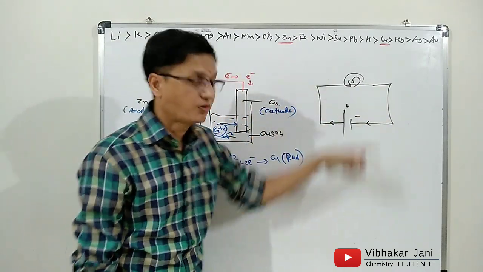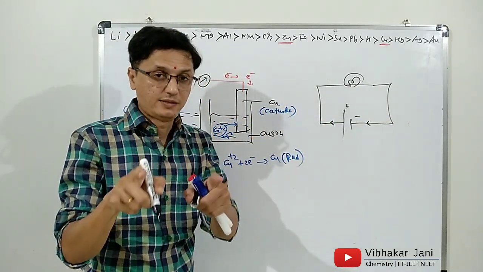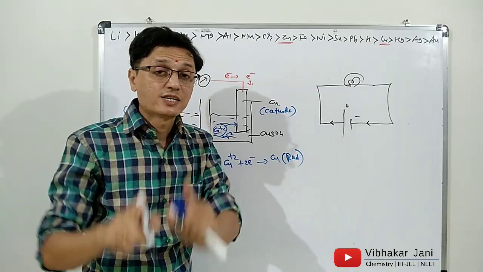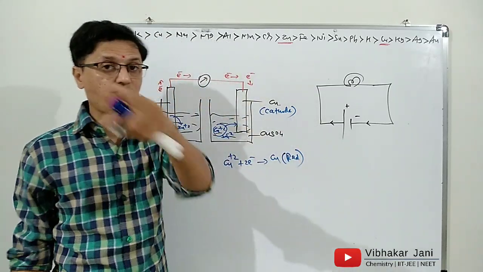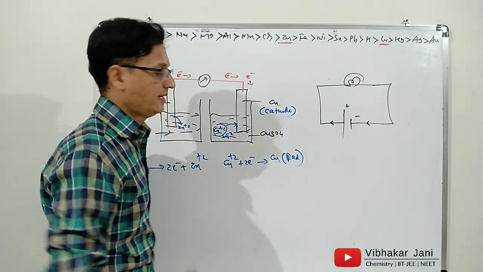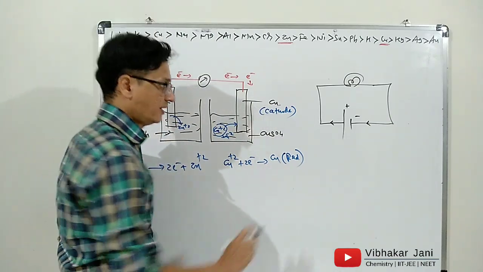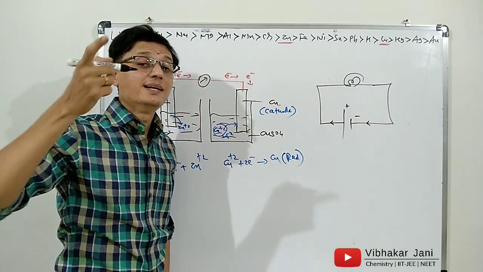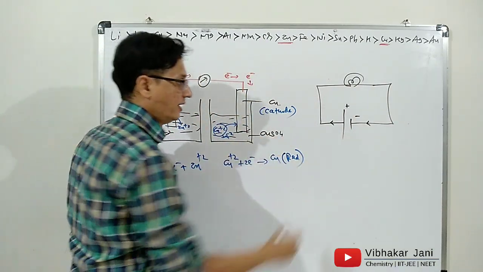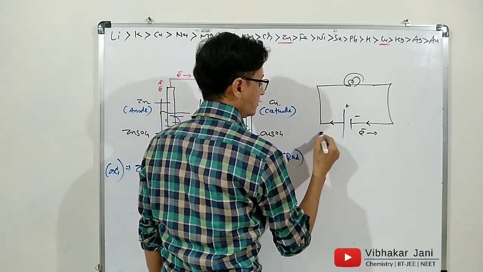This is the direction of current, and you know very well that the direction of flow of electrons is opposite to the direction of current. So the direction of current is plus to minus, but the direction of flow of electrons is minus to plus.